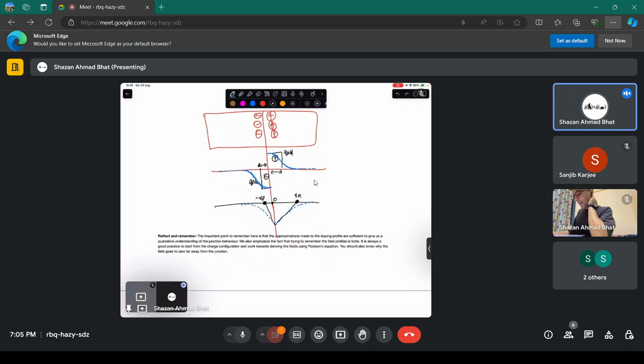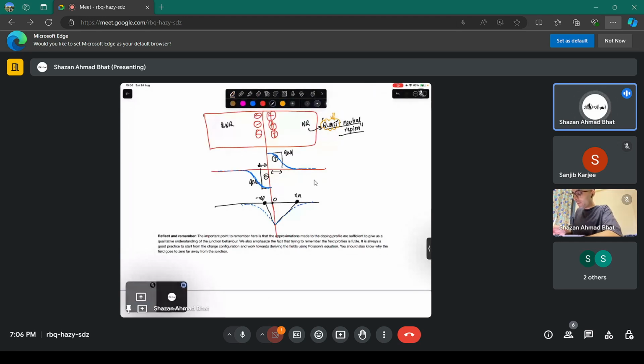That's why these regions are called quasi-neutral regions. Why is that the case? Because you consider the electric field to be almost zero, negligible. That's why the word quasi. If it were a totally neutral region, we would have just named it a neutral region.